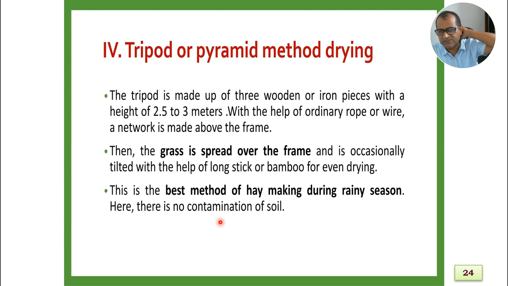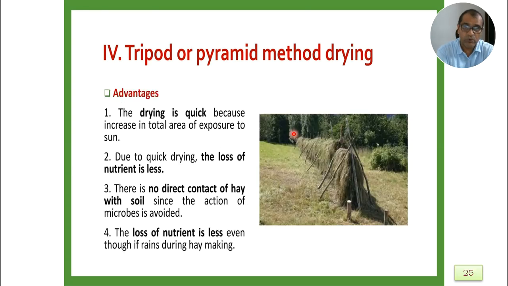Then the grass is spread over the frame and occasionally turned with the help of a long stick or bamboo for even drying. This is the best method for hay making during the rainy season because no water enters inside. This is the tripod or pyramid method.